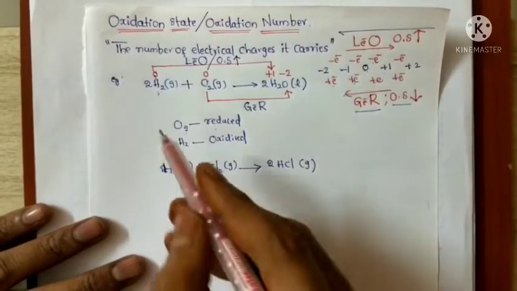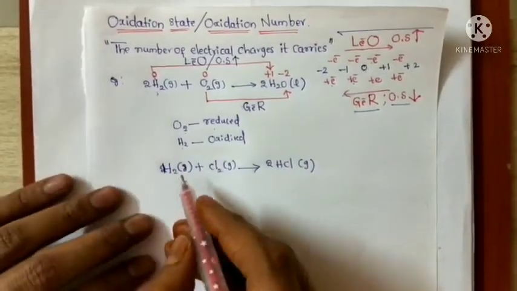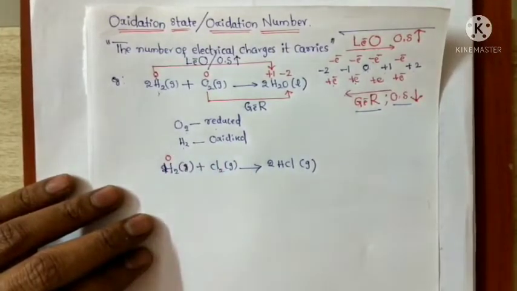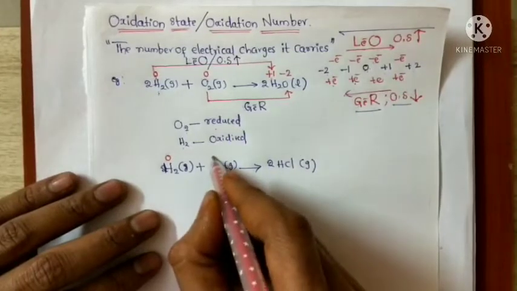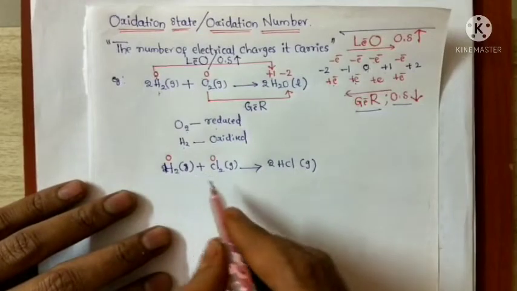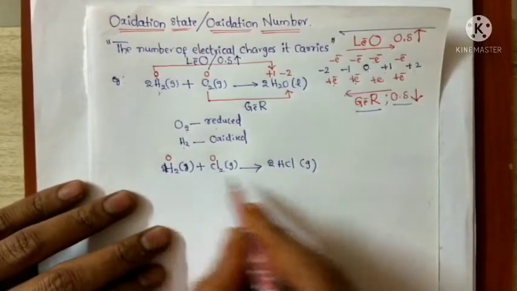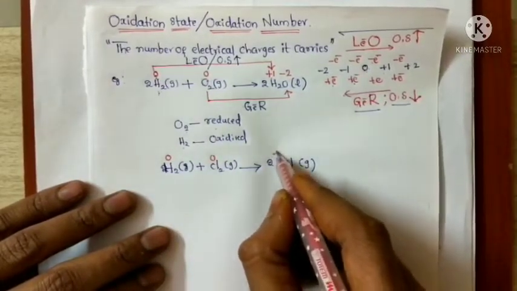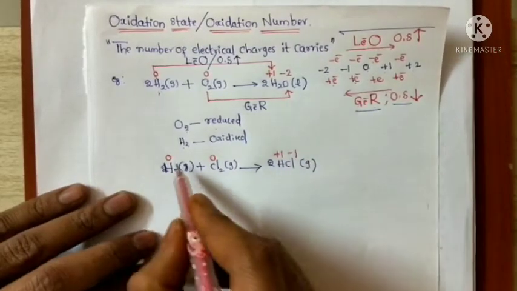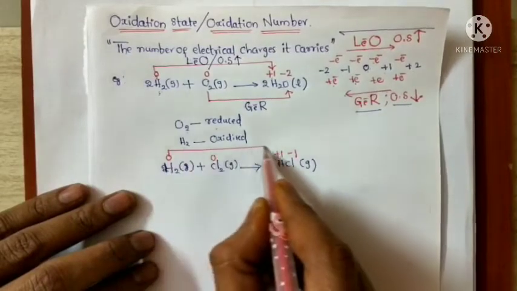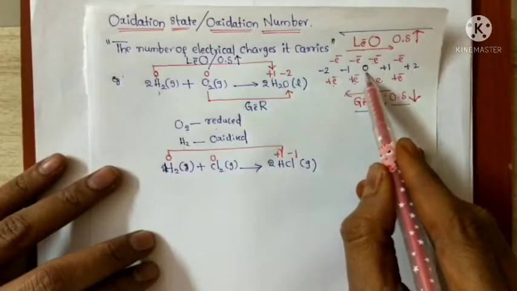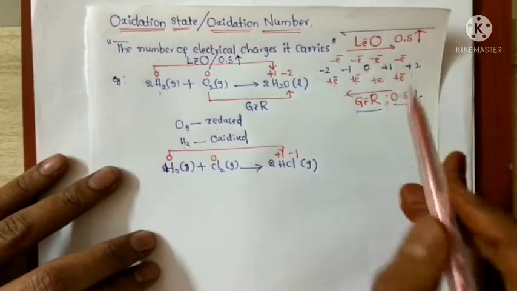You will see here every element in the free state, that means molecular state, has oxidation state 0, and here also 0. Now hydrogen is converted into HCl, where the hydrogen oxidation state is +1 and chlorine is -1. So hydrogen goes from 0 to +1, which means loss of 1 electron.